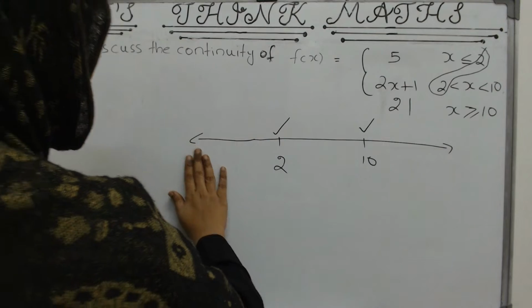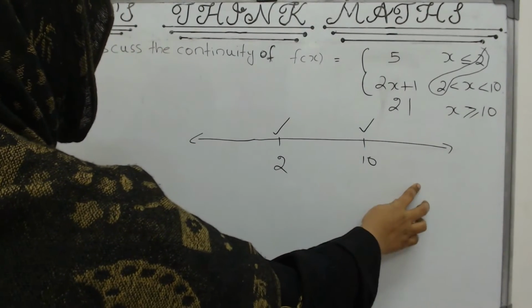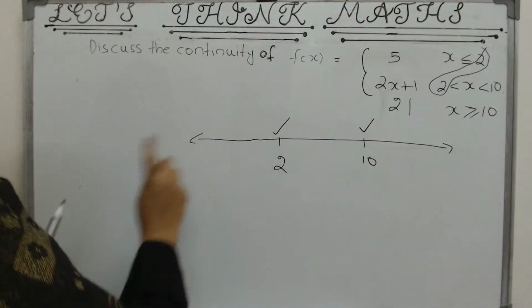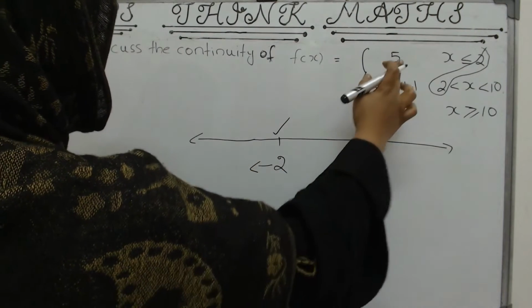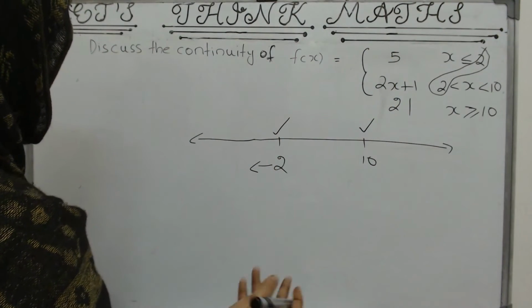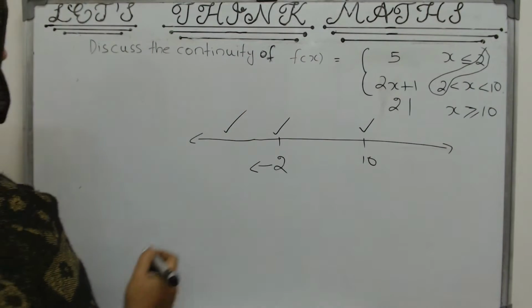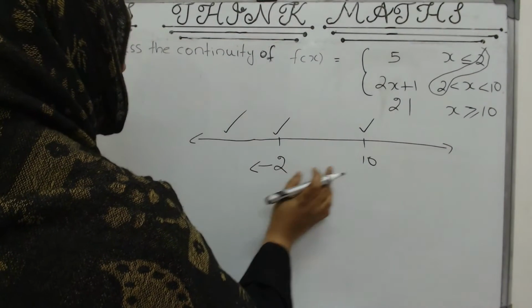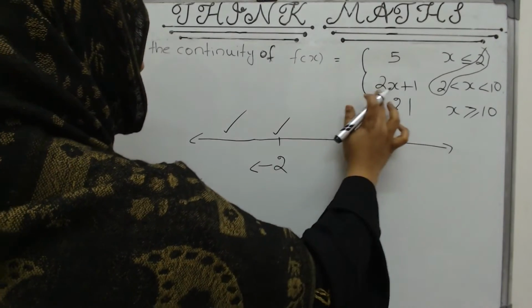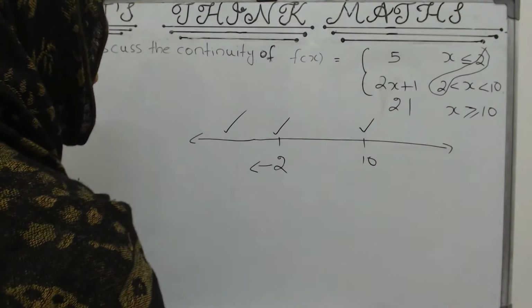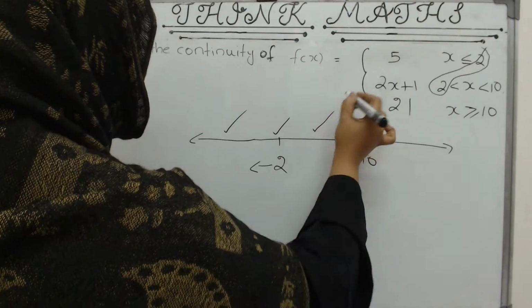But then there are still a lot of real numbers here, right? So what happens when x is less than 2? You see that it is a constant function. And what did we learn? Constant functions are continuous. So here also it is continuous. And what happens between 2 and 10? It is 2x plus 1, which is a polynomial. Polynomial functions are continuous.